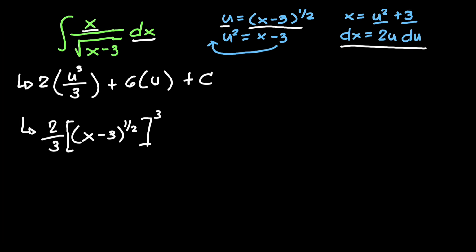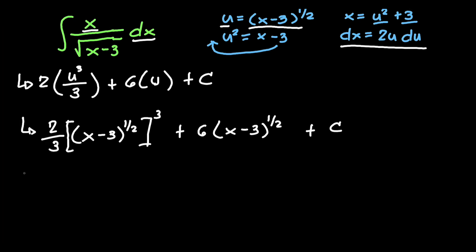Because do not forget that this is raised to the power of 3. Plus 6, and the u here is equal to x minus 3 raised to the power of 1/2, plus c.